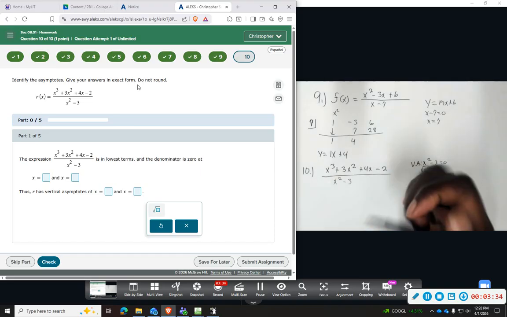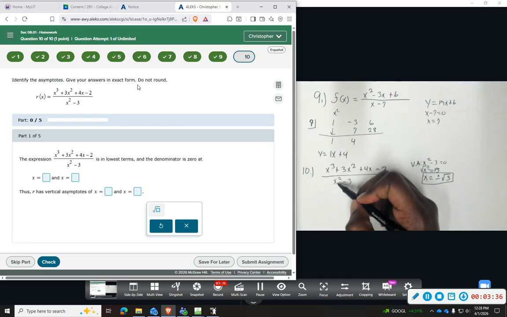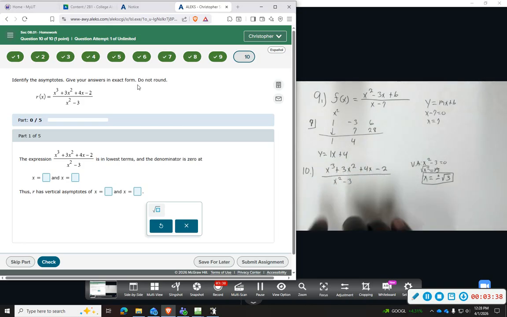Horizontal, the degree on the top is greater than the bottom, so no horizontal, but we will pick up a slant since the difference in those degrees is exactly 1. So we're going to do long division this time.